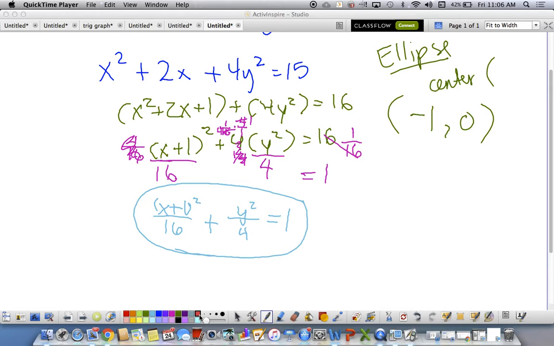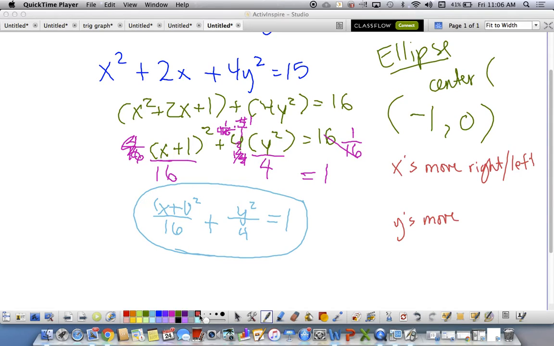There's not a radius. But what do these numbers under here tell you? The 16 and the 4. That it's a perfect square. Horizontal and vertical shape. The x's will move right and left. The distance from the x will be what?